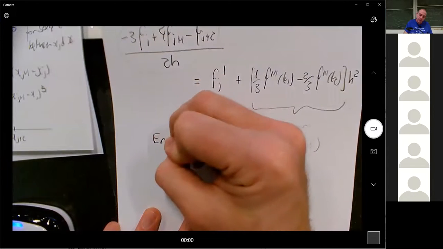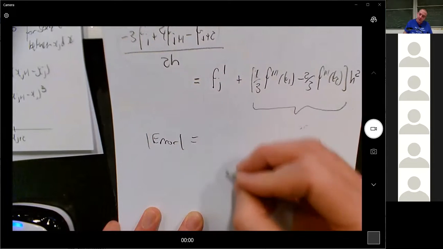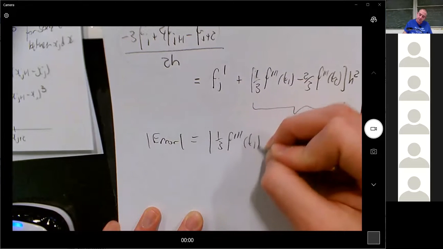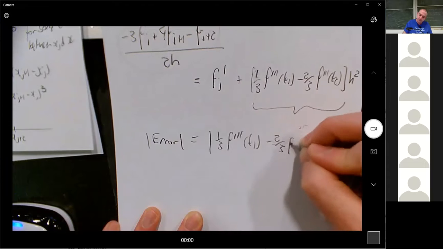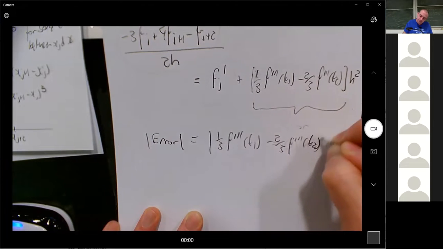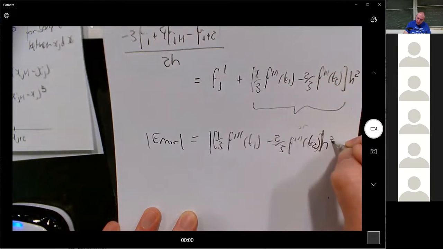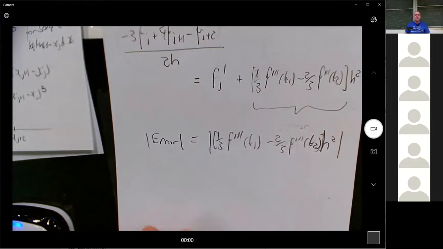So you'll say the error is the absolute value of this thing, the absolute value of that.